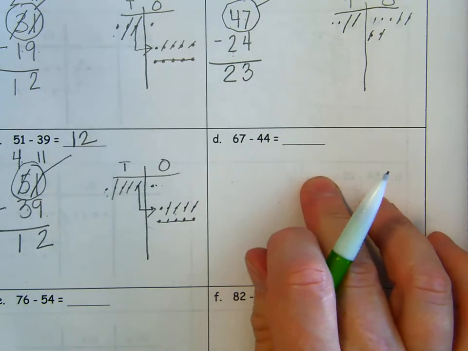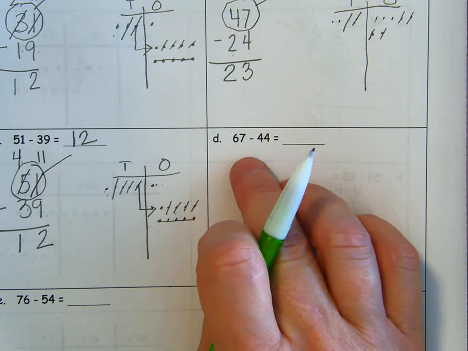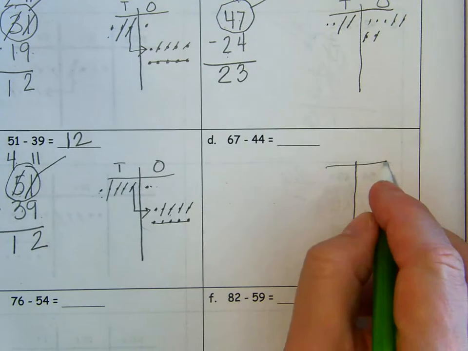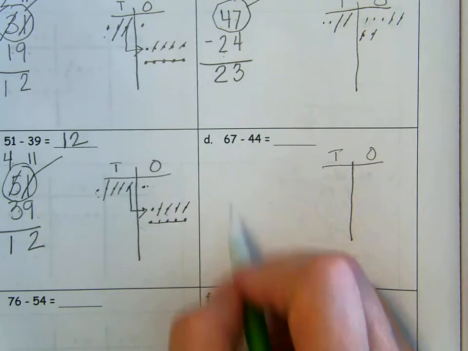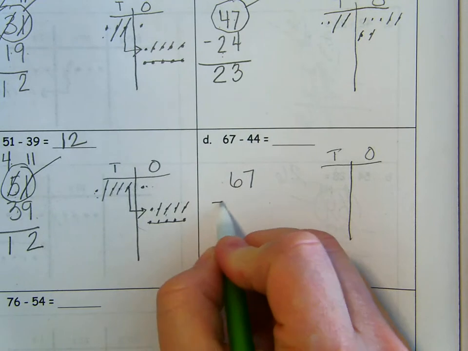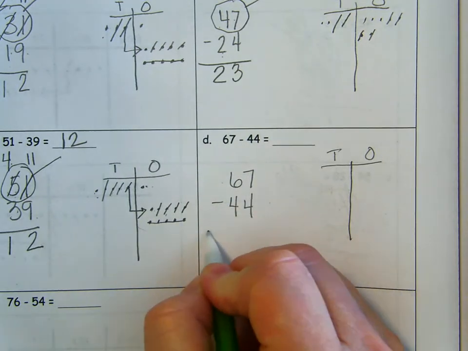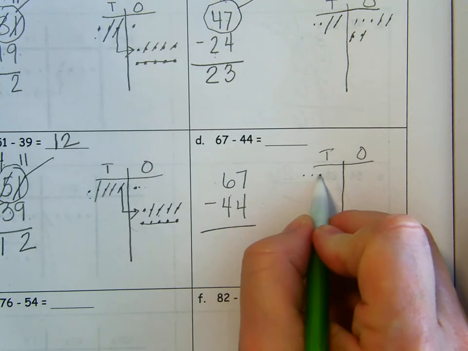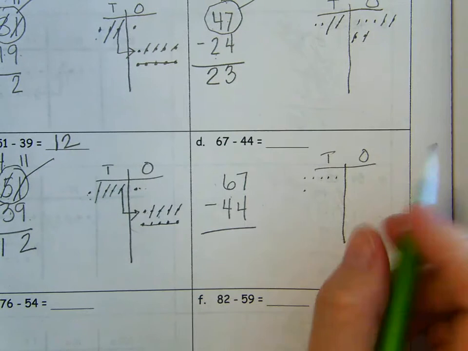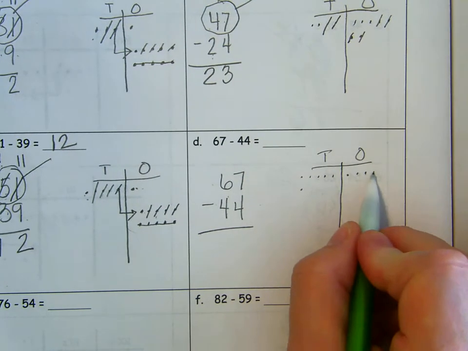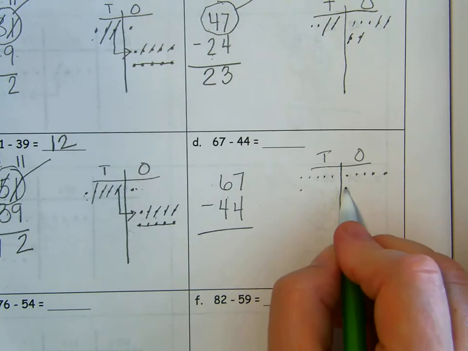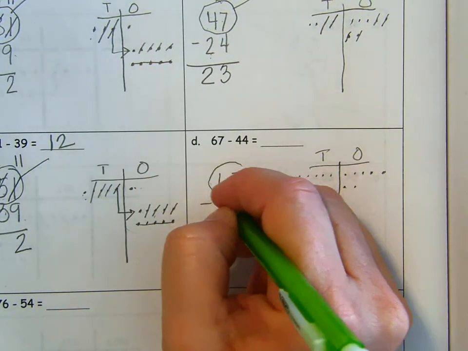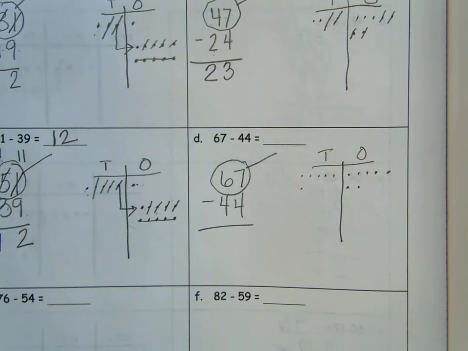Let's take a look over here. 67 minus 44. I'm going to make my place value and my vertical form. First we model 10, 20, 30, 40, 50, 60. 61, 62, 63, 64, 65, 66, 67. And then we're going to inspect that number.